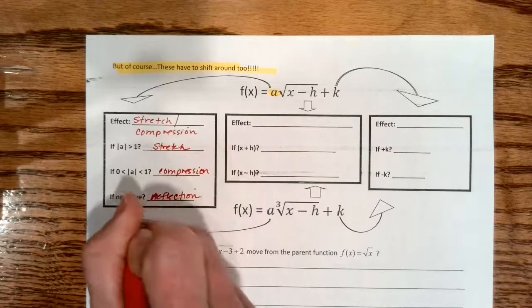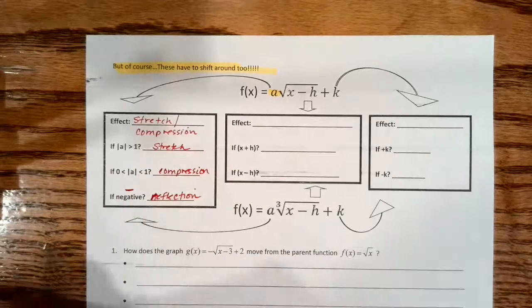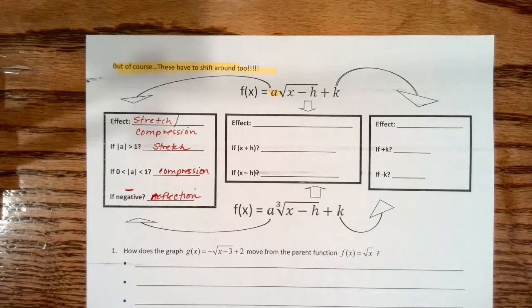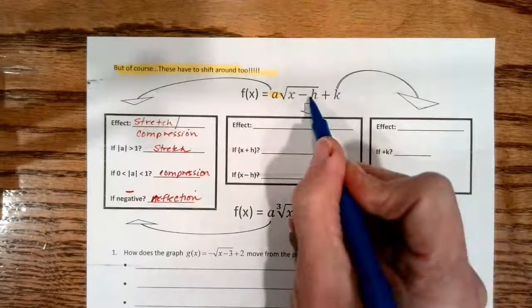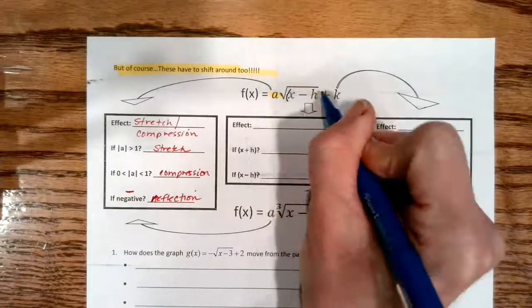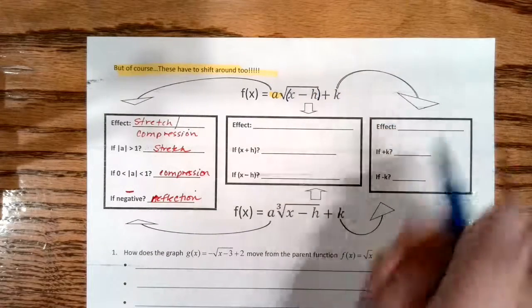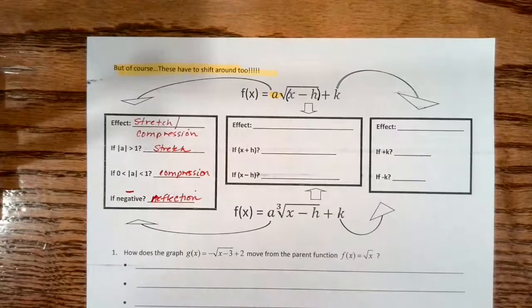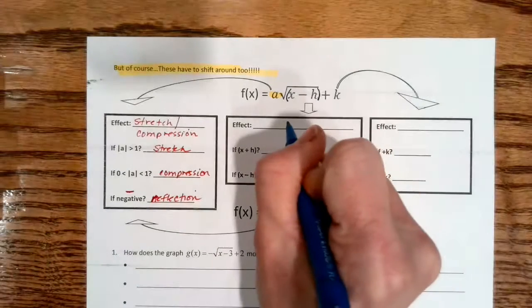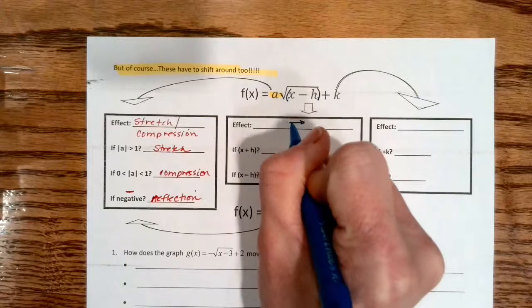Okay? So when we have our value that's inside with the x, remember it is not true to sign, it is naturally negative. And this is where we have our left-right movement.